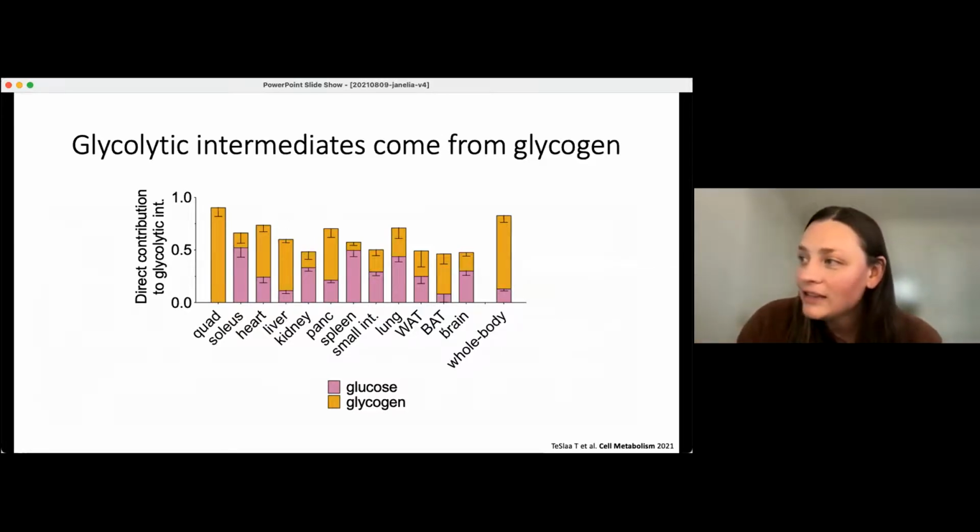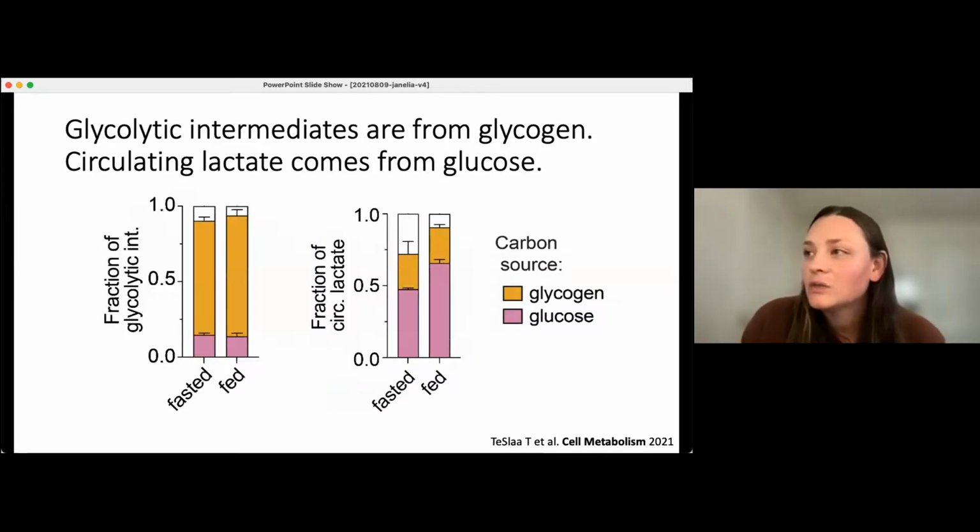So when we add this up on the whole body level, we can see that most glycolytic intermediates in the body come from glycogen. So this seemingly is kind of a paradox, where when we look at glycolytic intermediates in tissues, most come from glycogen. But when we look at circulating lactate, which is downstream of glycolysis, most circulating lactate comes from glucose.